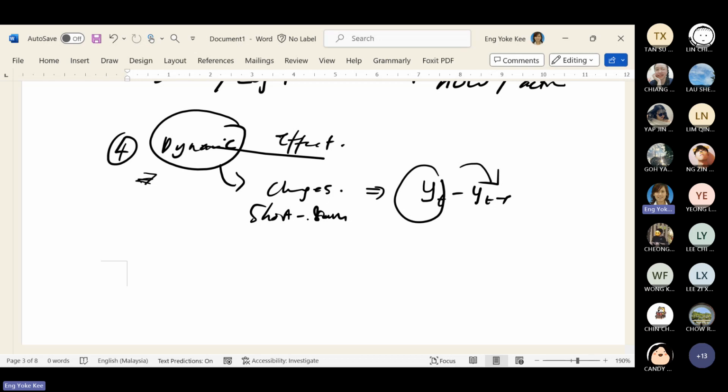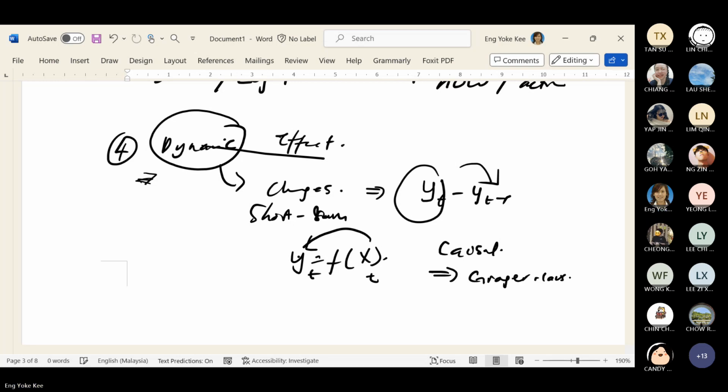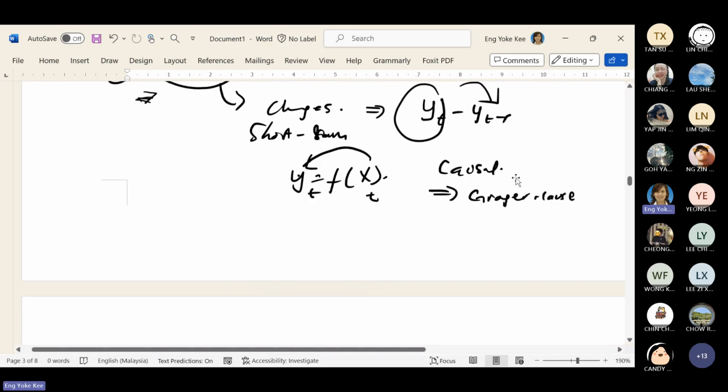Okay, so causal means what? Let's say, for example, X and Y. I want to see whether X causes Y or not. In time series, there is a special causal relationship that we want to pay attention to. We call this a Granger cause. You have to be very, very careful.